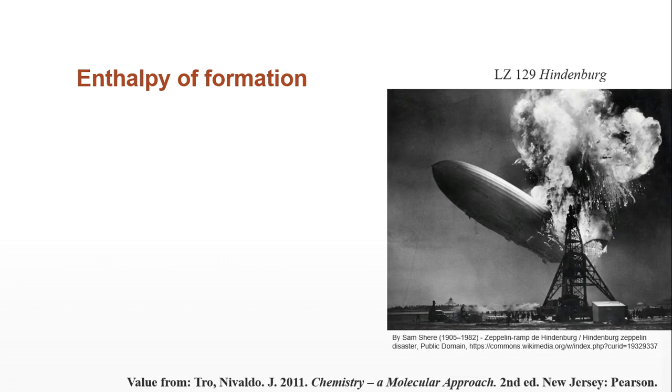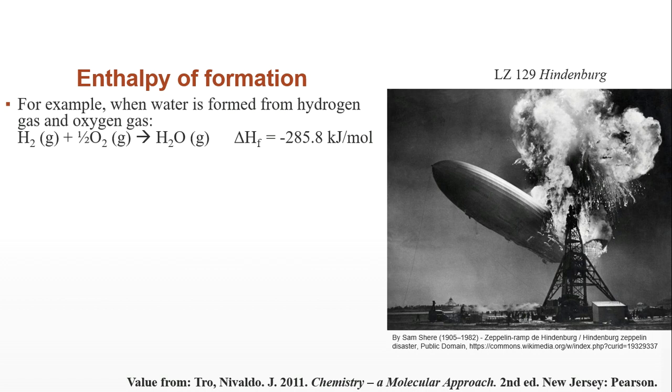So, an example of enthalpy of formation is when water is formed from hydrogen gas and oxygen gas, like this. Here you have a chemical reaction, though normally when we write this, we would write the 2 in front of the hydrogen, and have a 1 or nothing in front of the oxygen, and a 2 in front of the water.